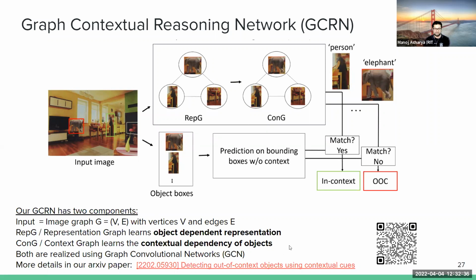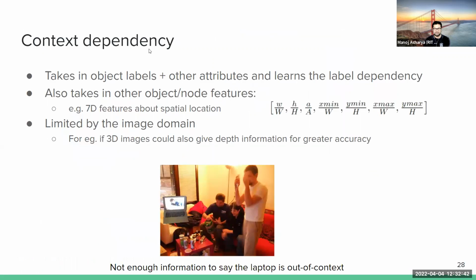I would also like to point to our arXiv paper for more details. But briefly, I'm going to talk about context dependency as well. Context dependency is really simple: it takes in object labels and other attributes, such as size and position in the image, and learns the contextual dependency.